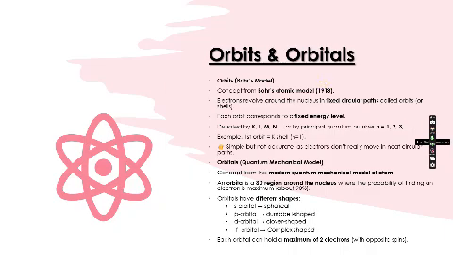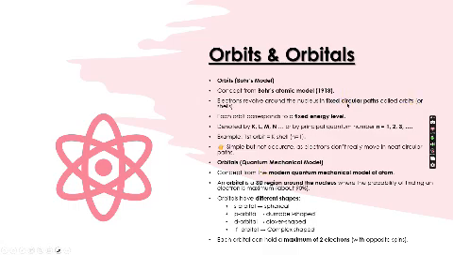Example: first orbit is equal to K shell. Usually we say first orbit is K shell, and it is denoted as n is equal to 1. This is simple but not accurate. Why? Because electrons don't really move in neat circular paths.